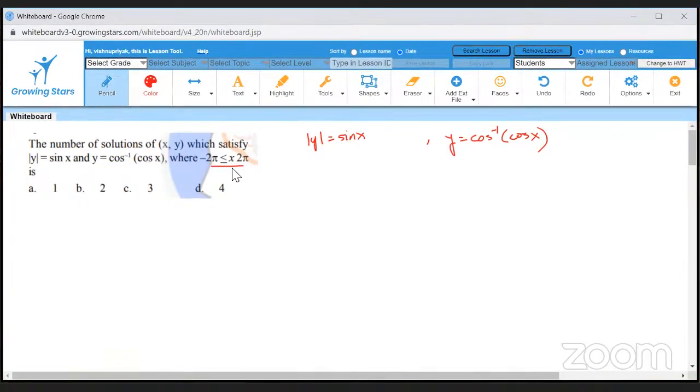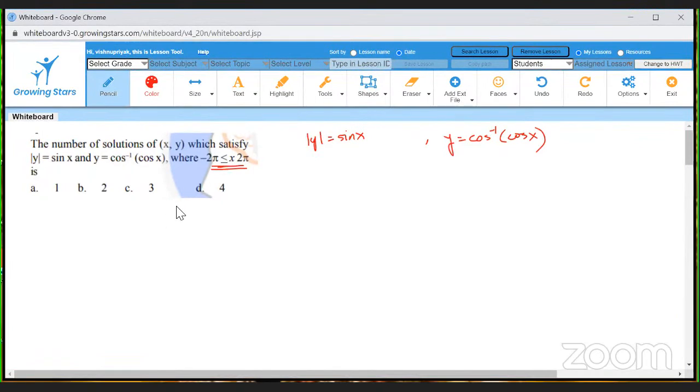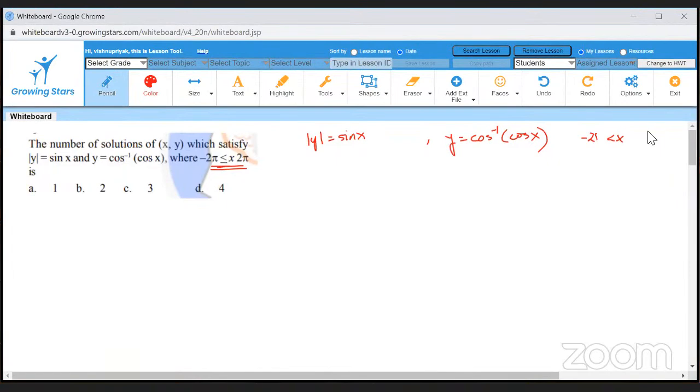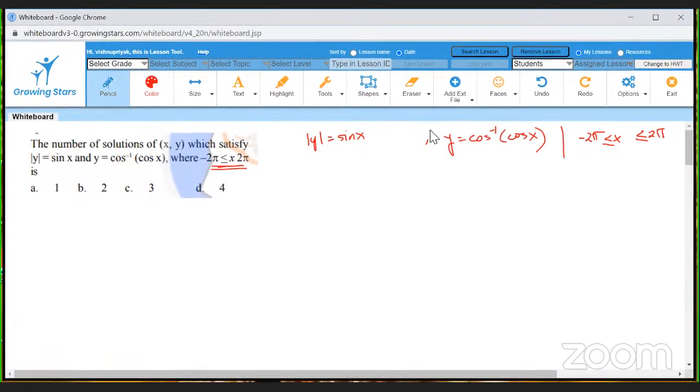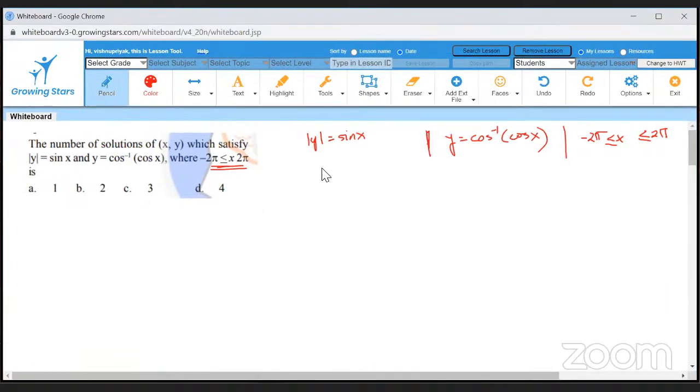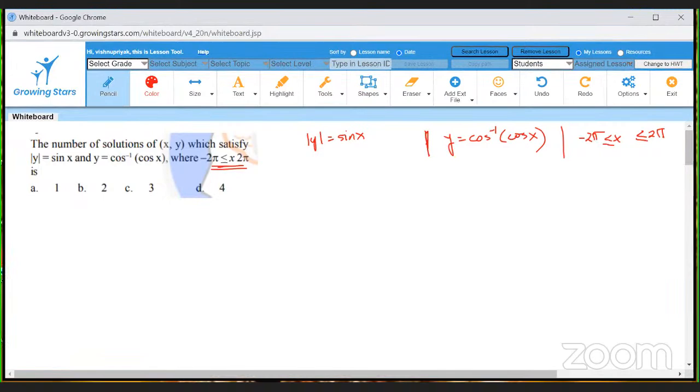They gave you the bounds of x: x is between minus 2 pi and 2 pi, both endpoints included.